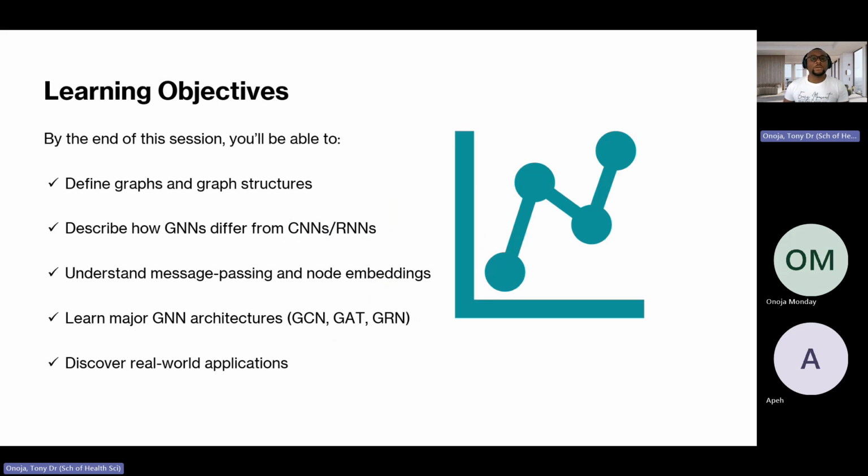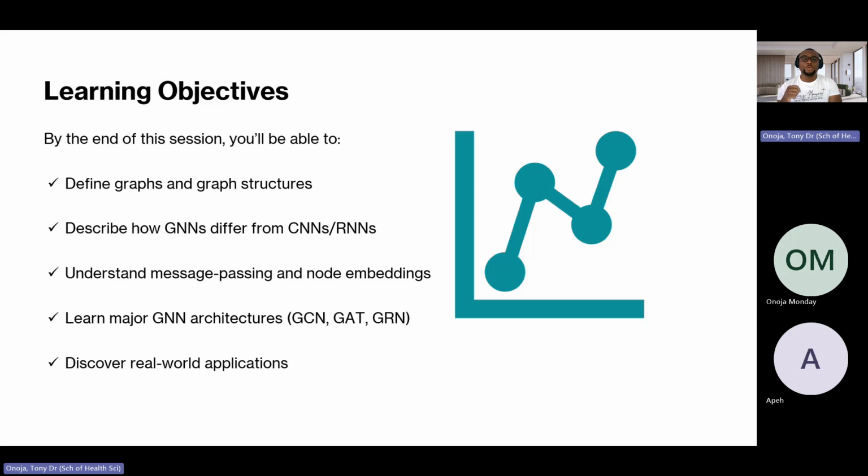So one of the learning objectives today is that, at the end of this class, you should understand the concept of graph and graph structure. Also, you should further understand what graph neural networks mean and how they differ from the traditional neural networks.